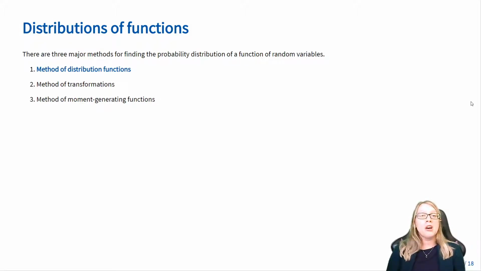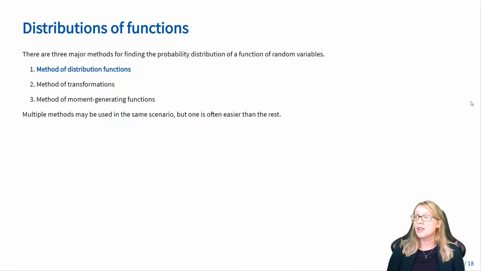These methods are the method of distribution functions, which, as you might guess, is based on working with the CDF, or cumulative distribution function; a second method called the method of transformations; and then the method of moment generating functions. In this video, we'll focus on the method of distribution functions. In later videos, we'll talk about the method of transformations and the method of moment generating functions, or MGFs.